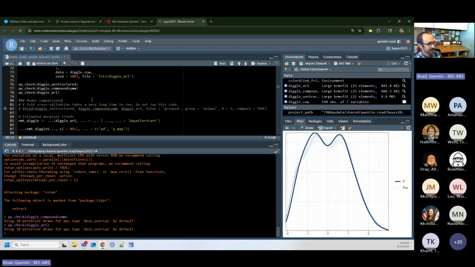Now, in previous lessons, we have used the leave one out cross-validation criterion to compare models, but that does not work very well for models with residual covariance structure. Leave one out cross-validation removes one data point, fits the model, and predicts that remaining data point, and that only works well if the errors in each data point are independent.